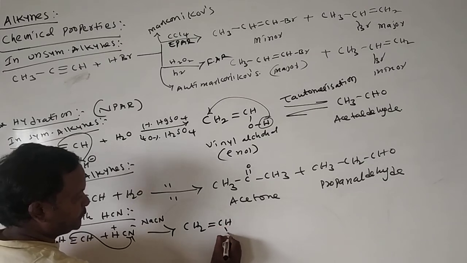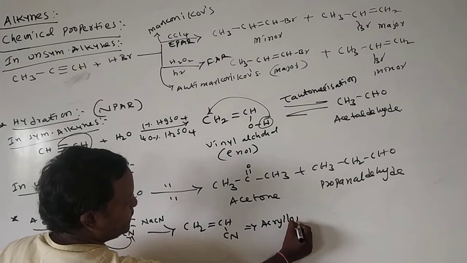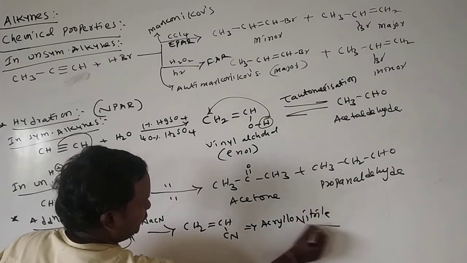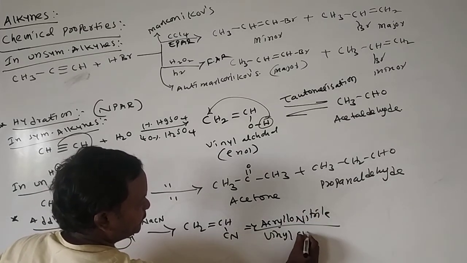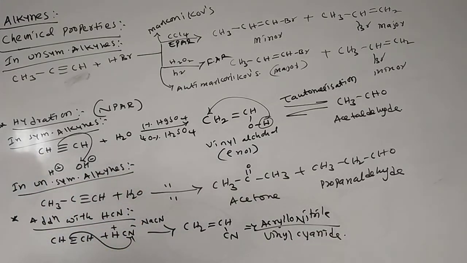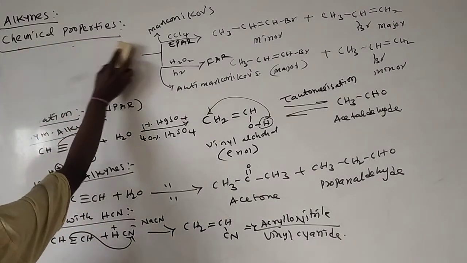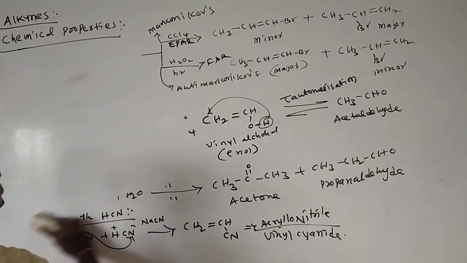CH2 double bond CH-CN. This we call acrylonitrile or vinyl cyanide. This is the addition with water, addition with hydrogen cyanide, and addition with hydrobromic acid. Next in continuation, we'll see some more important chemical properties of alkynes.